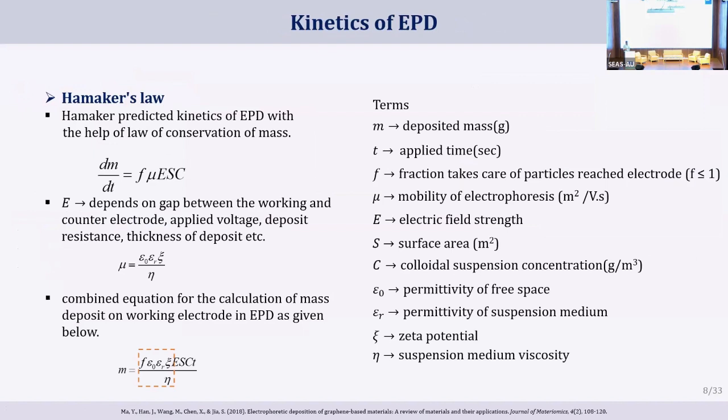Hamaker predicted the mass of deposition of graphene particles, like any other filler particles, onto the oppositely charged electrode. If you have a particular electrophoretic cell with a particular amount of dispersion medium and a constant surface area of the electrodes, the major variables are the voltage, current and concentration of the fillers in the dispersion medium.